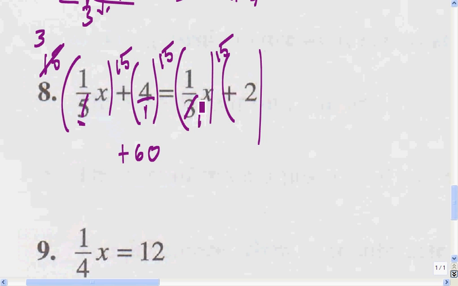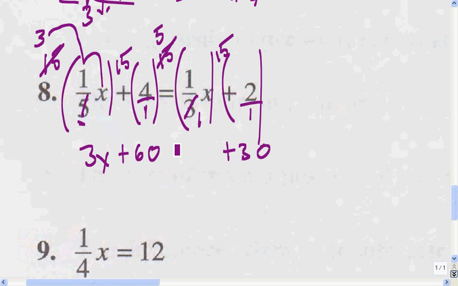And 3 goes into itself once, goes into 15 5 times. There's no denominator here, so I'm just going to multiply the 15 and the 2, which gives me a plus 30. Now that I have 3 in my numerator, 3 times 1 times x. So 3 times 1 is 3 times x is 3x equals 5 times 1 is 5 times x is 5x.